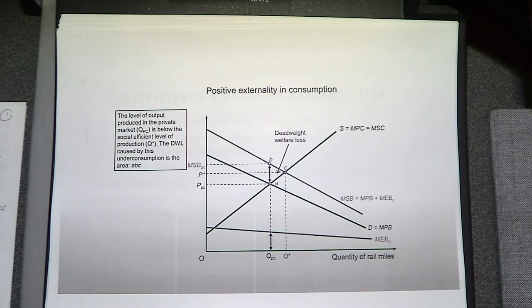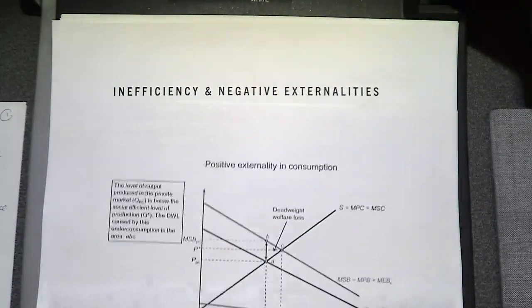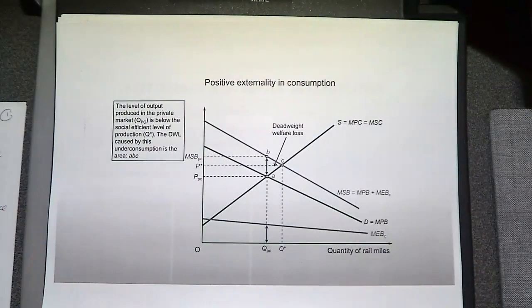So any policy should be directed to increasing the consumption of this good. Okay, so this is the supply side and how externalities work. It's kind of a revision of what you've seen about externalities so far.